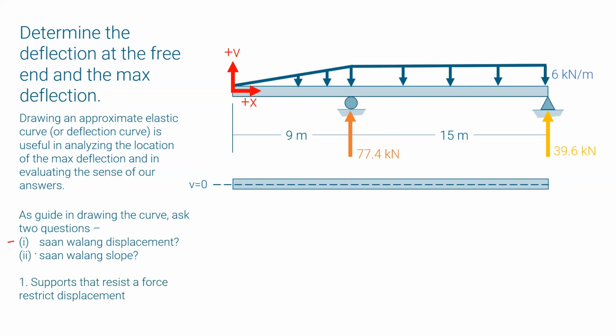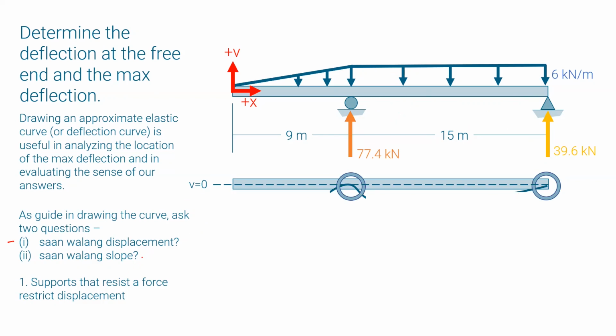Saan walang displacement? Tandaan nyo that supports that resist a force restrict displacement. Ibig sabihin, yung support na nagbibigay ng force reaction, wala dong displacement. Kaya nga siya support. So, sa location ng roller at ng triangular load, dapat mag-intersect yung ating deflection curve doon sa V is equal to 0 line.